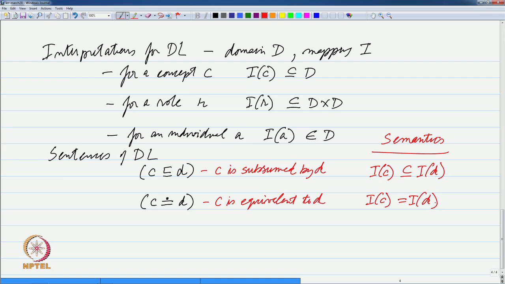So, every concept is mapped to a unary predicate, so to speak, in terms of D. And then we can say that A belongs to C, which is equivalent to saying that A is a C or is a member of C. And the meaning of this is that the interpretation of A must belong to the interpretation of C.